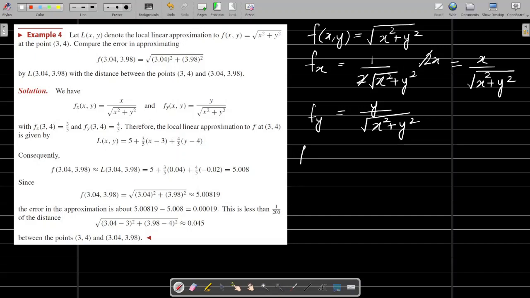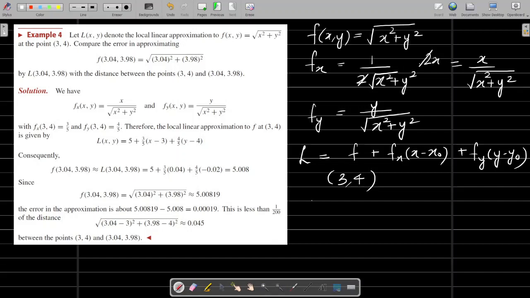Now the local linear approximation L, we know, is equal to f plus fx into (x minus x naught) plus fy into (y minus y naught). Here x naught, y naught is the point (3, 4). We have to evaluate all these values at the point (3, 4).